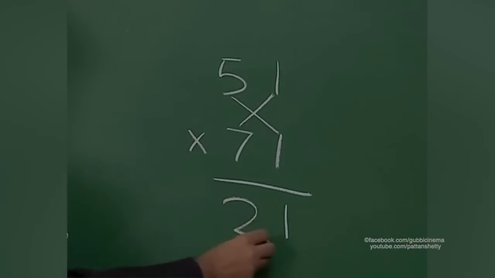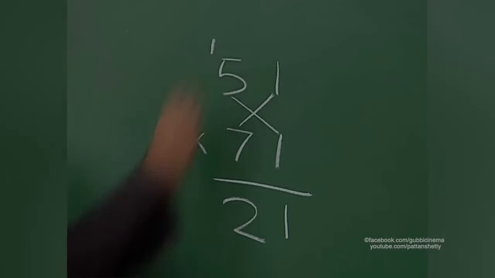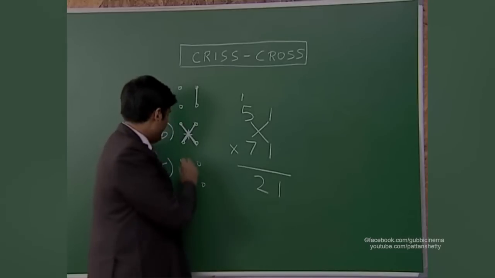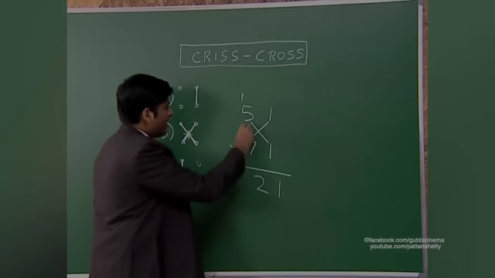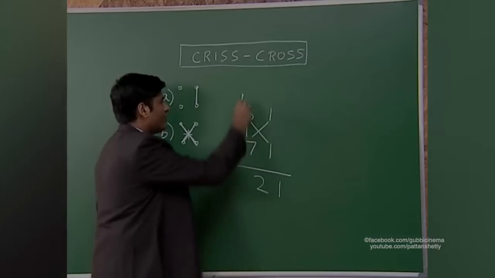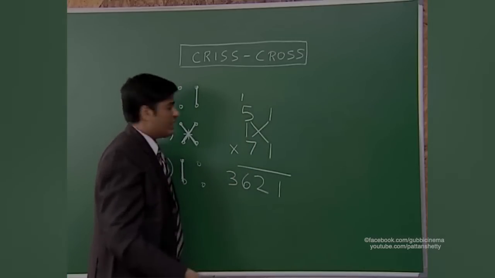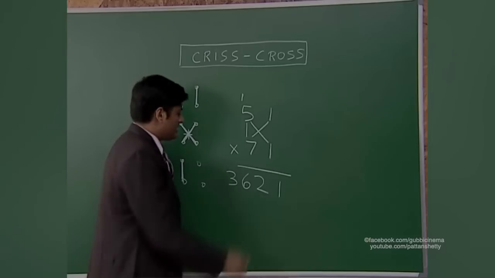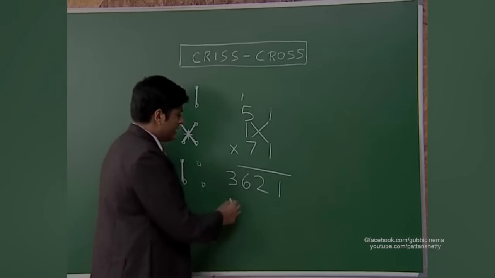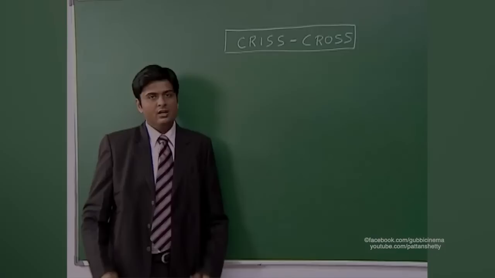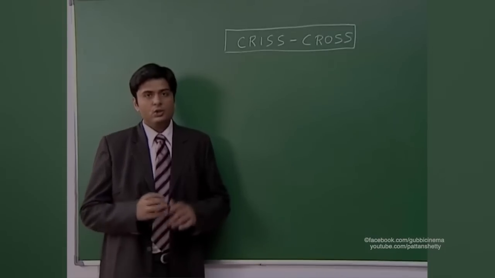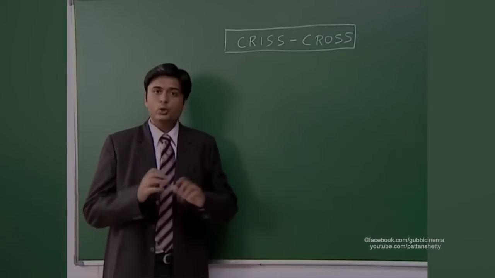I write 2, carry over 1. Final step says multiply these two numbers. 5 times 7 is 35 and 1 added gives me 36. So you see my final answer, I just got it in one line. It is 3621.